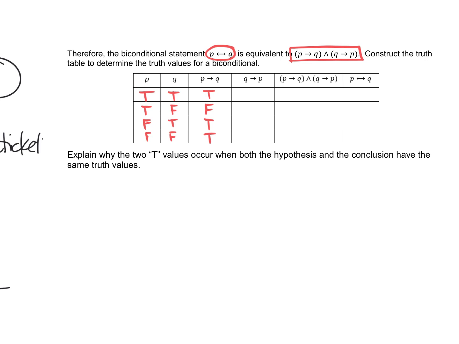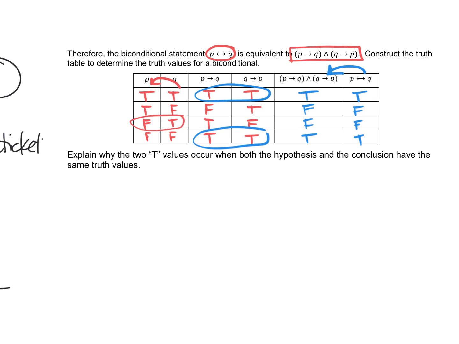Going the other direction, our broken promise is happening here, so we get true, true, there's our false, true. And so the only time the conjunction is true is going to be that first and second row.